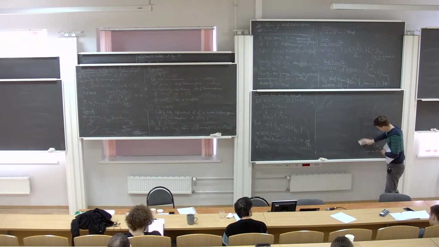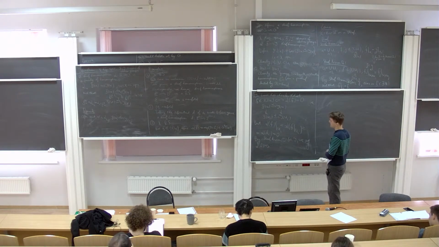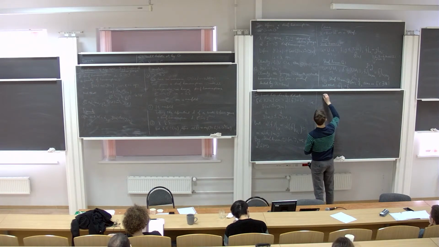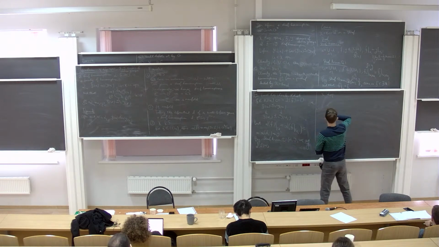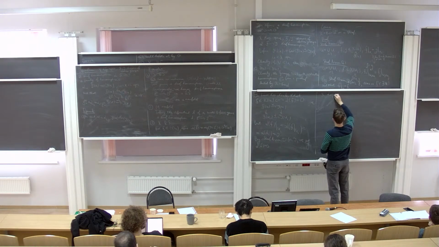The kernel of a sheaf homomorphism is a sheaf, but the image of a sheaf homomorphism is not a sheaf. So I suggest to construct an example. Let me formulate it.